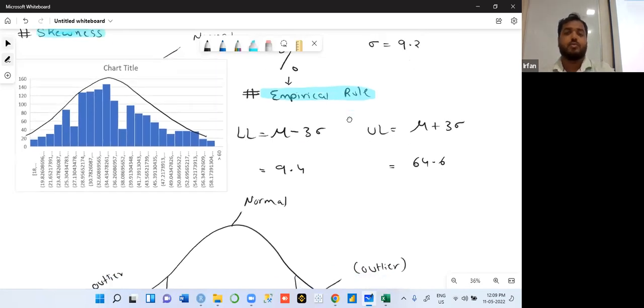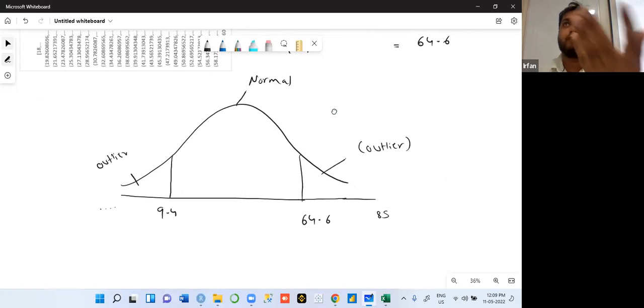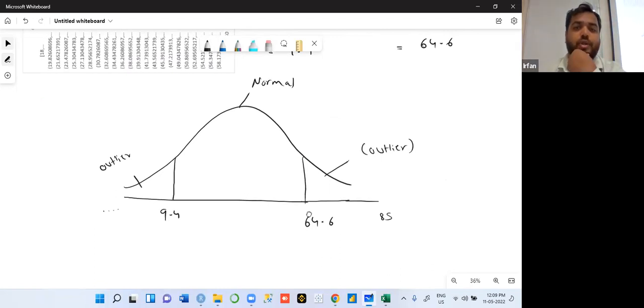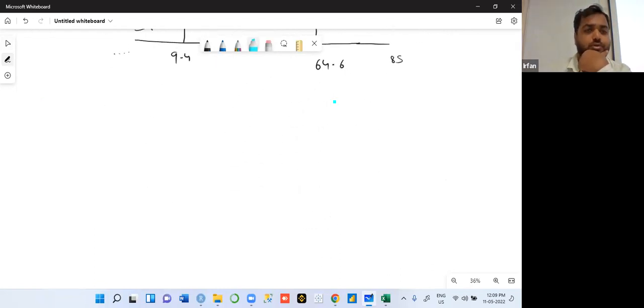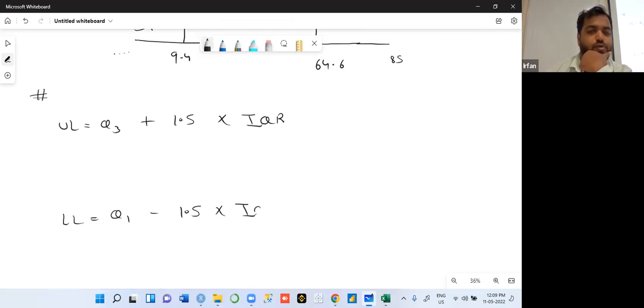Now I say this is outlier, 85. Let's confirm whether it is an outlier or not. What is the formula given for the box plot? Q3 plus 1.5 IQR, and for the lower limit Q1 minus 1.5 IQR.